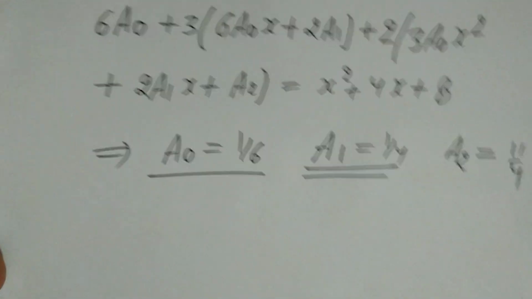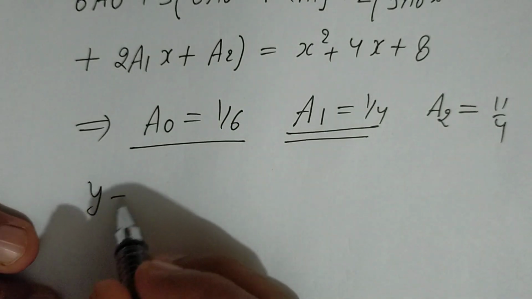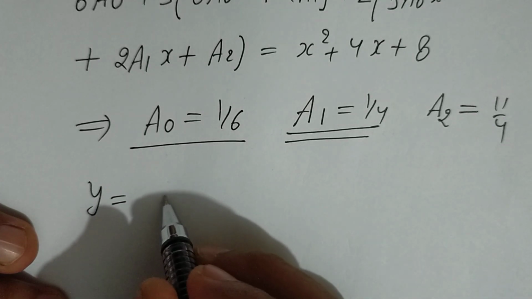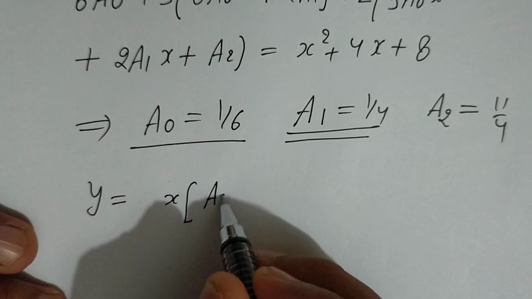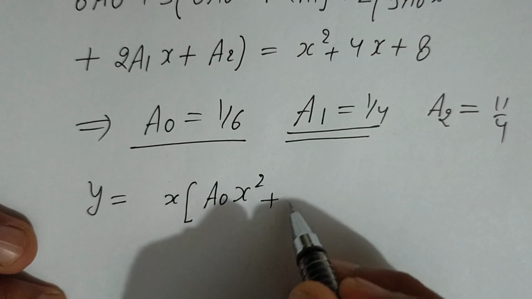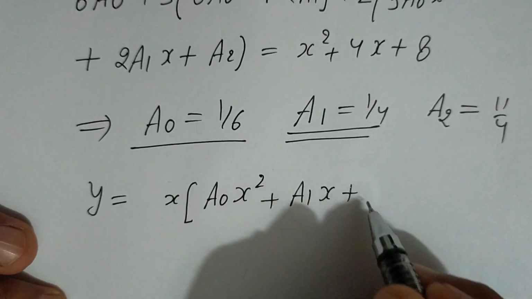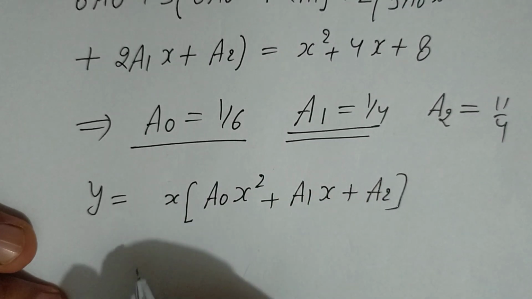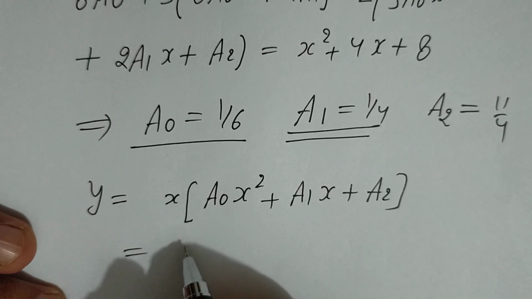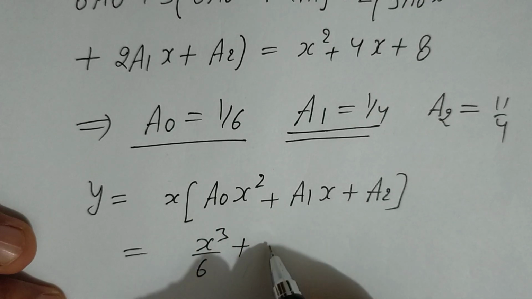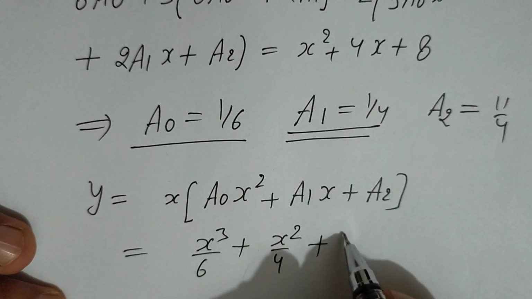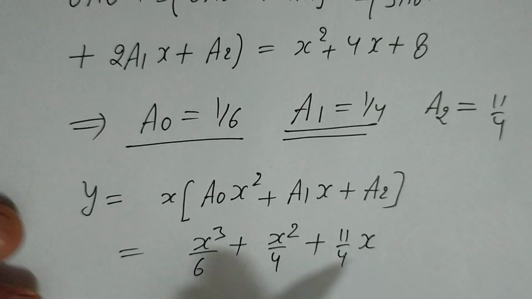So your particular solution was y equal to, it was x times a0 x square plus a1 x plus a2. So it becomes, a0 equal to 1 by 6, so x cube by 6, plus a1 is 1 by 4, so x square by 4, plus a2 is 11 by 4 x.